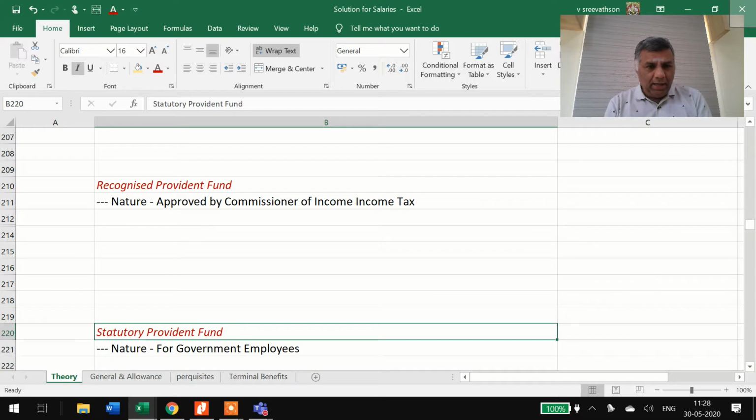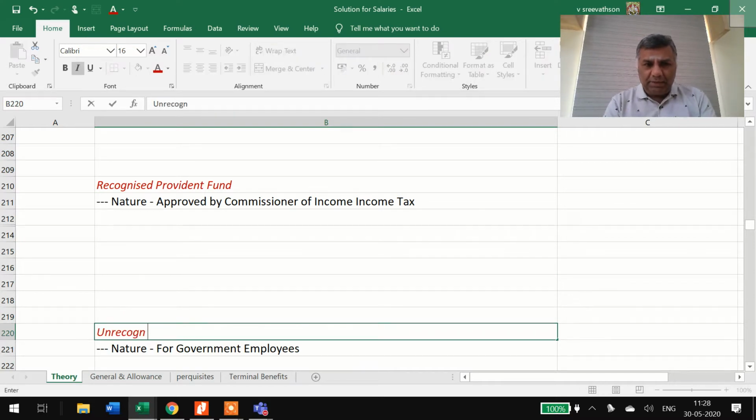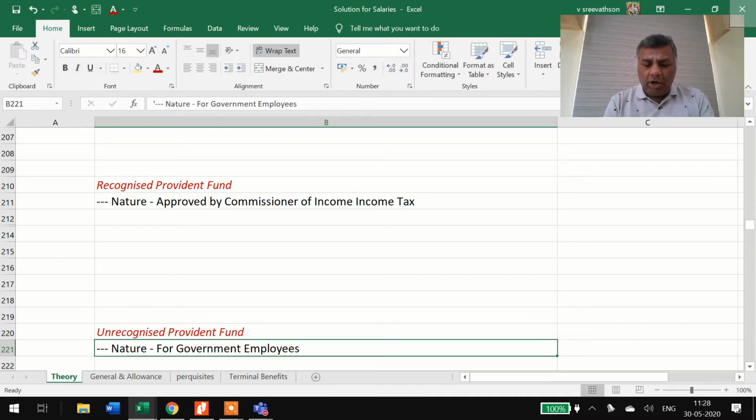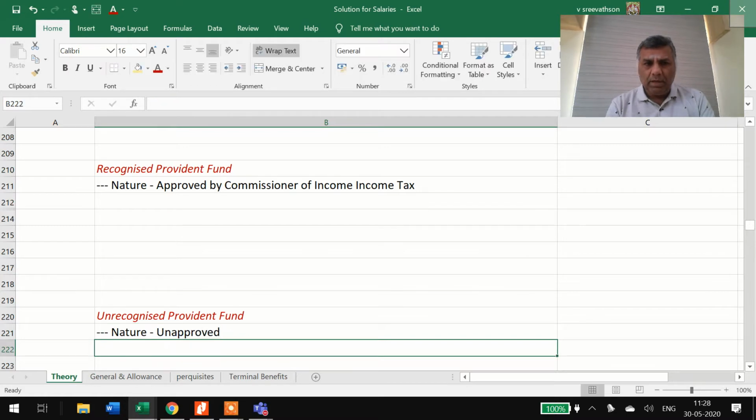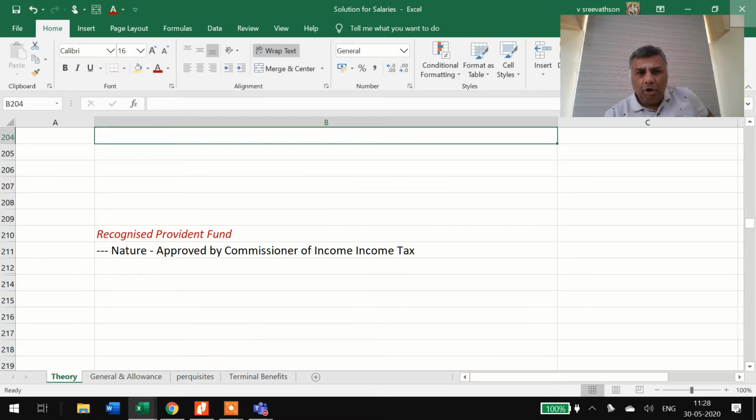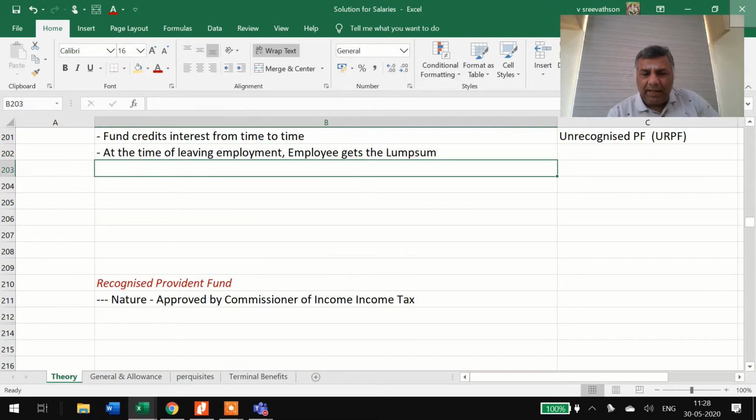In unrecognized provident fund, unapproved. Okay, friends, I am repeating.